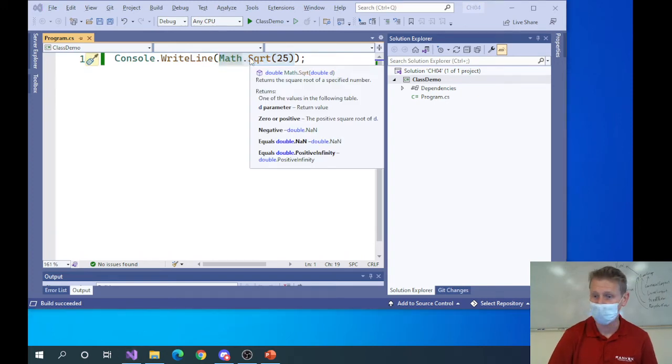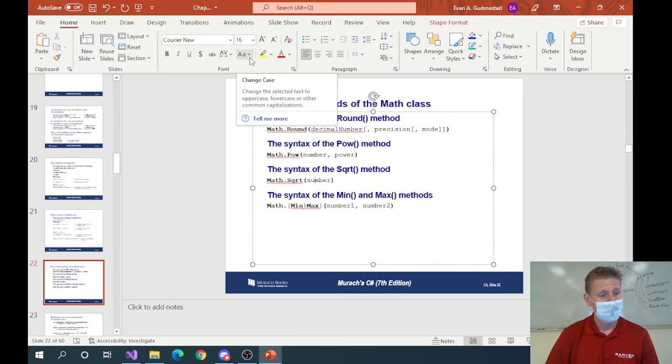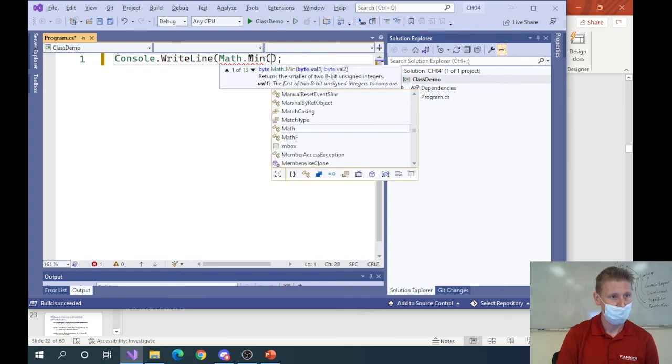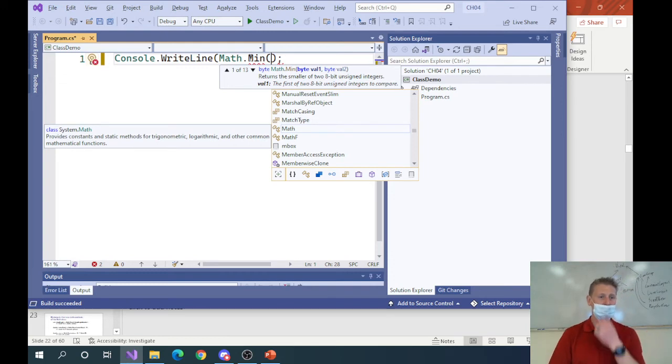And finally, on the slide, we got min and max methods. So let's do Math.Min. Returns the smaller of 2 unsigned ints.